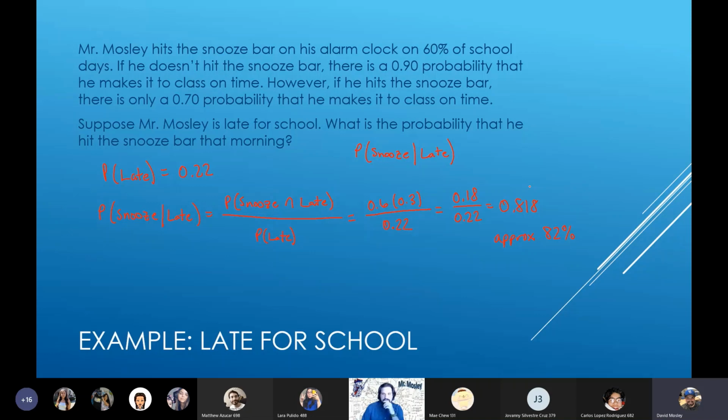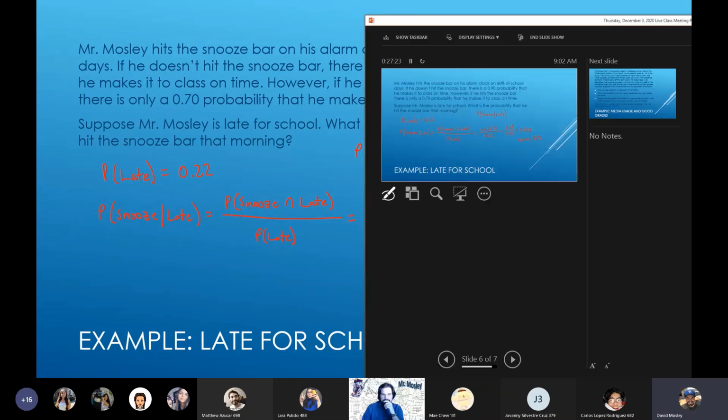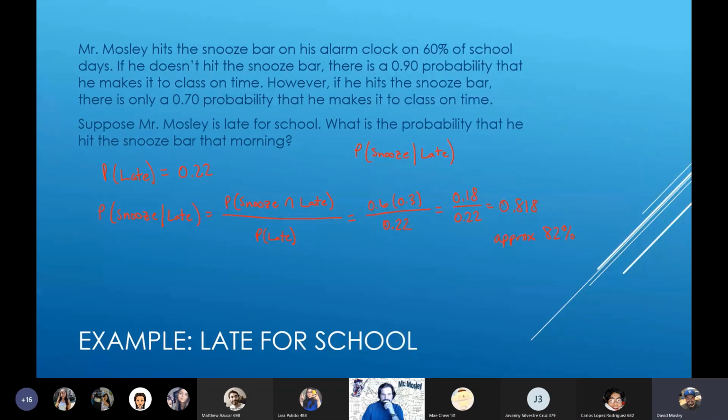So, what questions do you have? Mr. Mosley, for the last problem, we didn't use this rule, right?